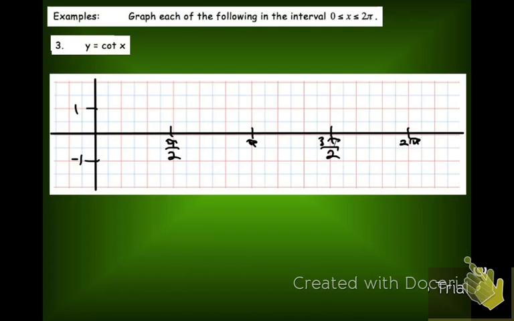And if you graph tangent, which I'm not asking you to do, there were already some asymptotes in there.